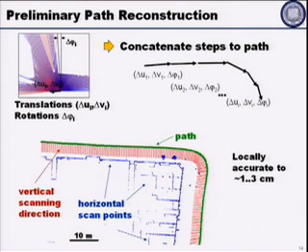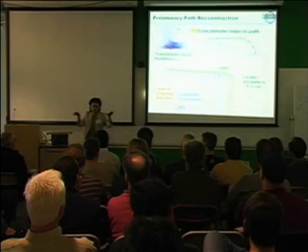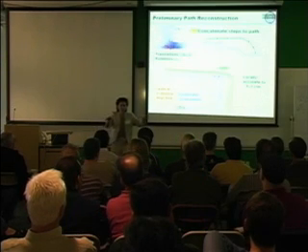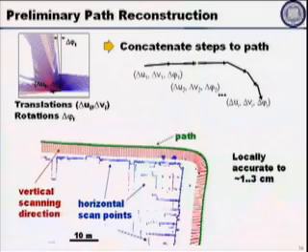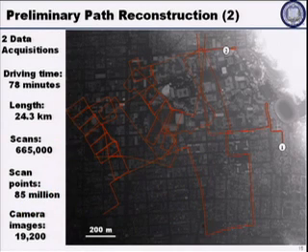And if you then use this reconstructed path to superimpose the horizontal scans, you get this blue line. And ideally, you'd like this blue line to be as thin as possible so that the successive horizontal laser scans match each other. If they weren't matching, this blue line would be very, very thick. So this method is okay, but it's not great.